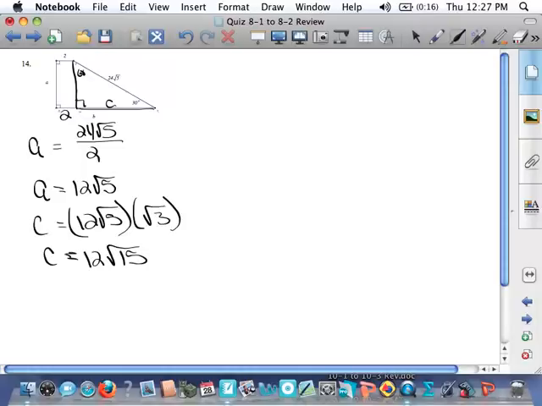B makes up these two sections, this little part, and then this length C. So B is equal to 2 plus 12 square root of 15. That's the final answer for that. You cannot simplify that. Just leave it. You can only add those if you have like radicands.